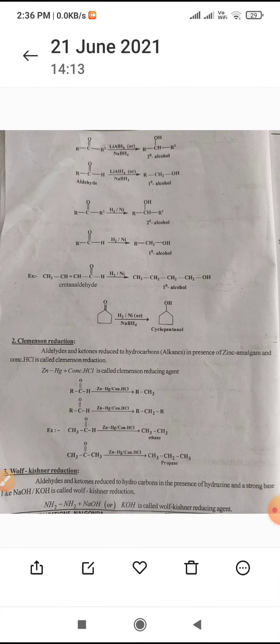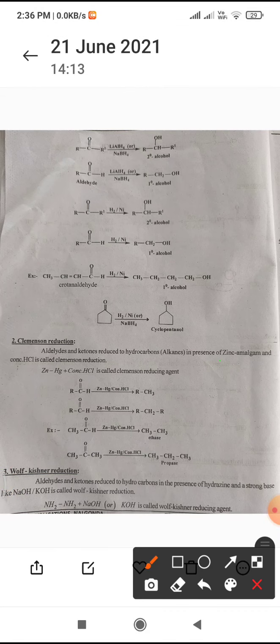Next, aldehydes react with lithium aluminum hydride or sodium borohydride to form primary alcohols.